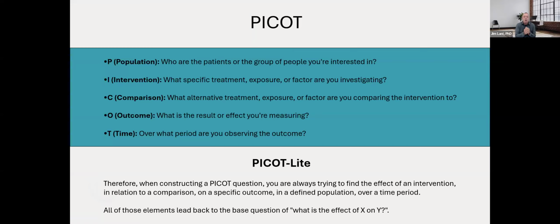That means I want to know what is my outcome and what am I testing? I'm testing knowledge pre to post. So you can have your PICO question, fine, but understand the root of it. I'm comparing the differences in knowledge pre to post. Or did the percent of 30-day readmission change pre to post intervention? Get to the heart of the construct. So that's what I mean by PICO light.